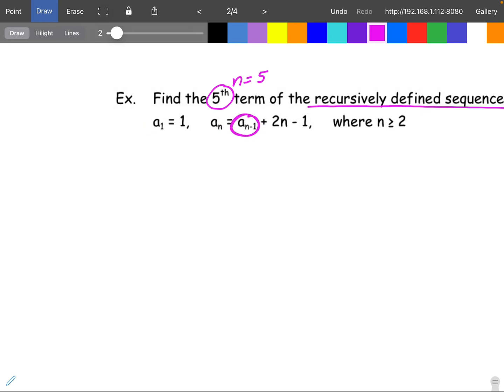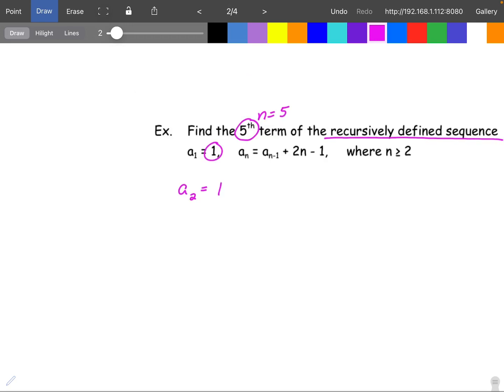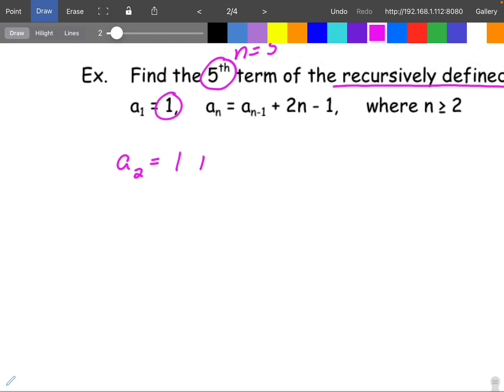So with that, if I plug in a sub 1 here, that will allow me to find a sub 2. So a sub 2 is going to equal a sub n minus 1, which means the previous term. The previous term would have been a sub 1, which is 1.